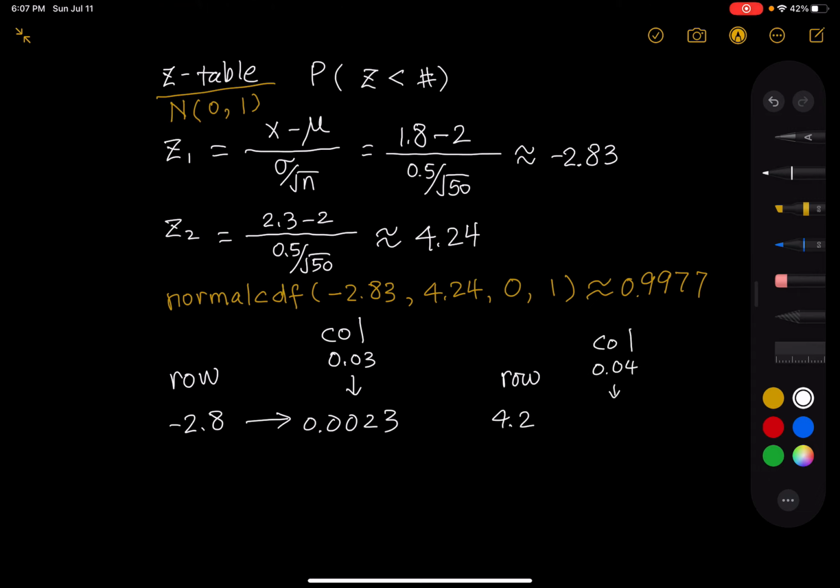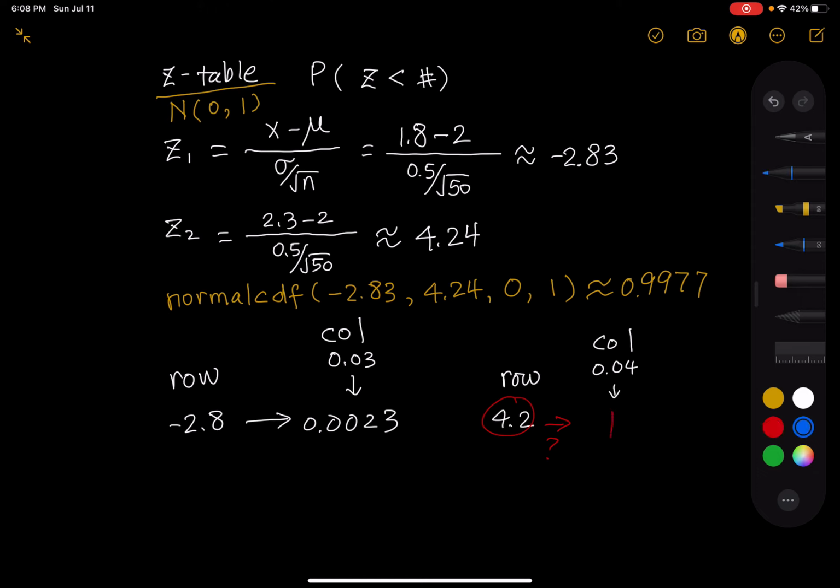We do have that column, but we do not have that row, okay? You don't see it. But you know it's a big z-score. So in that case, when you do not see the area and you see a big z-score, it corresponds to the area 1.